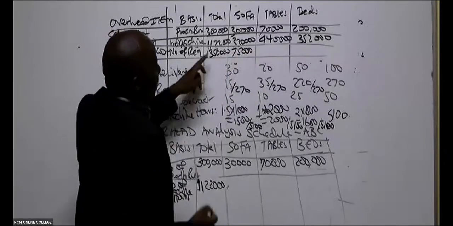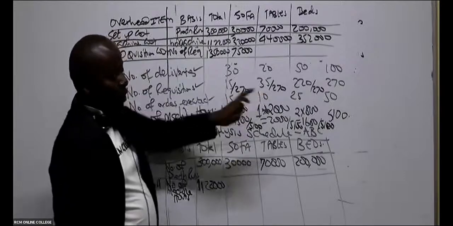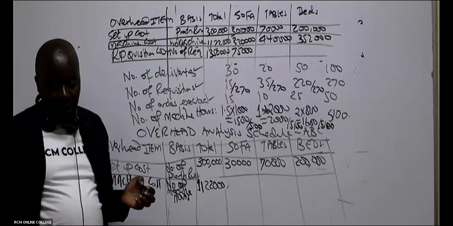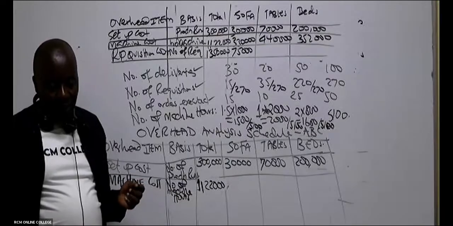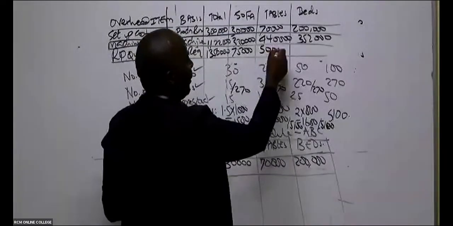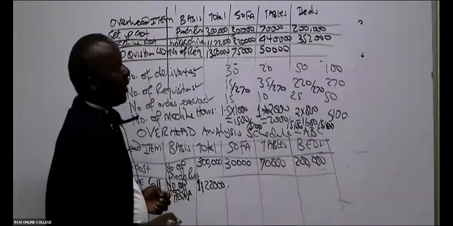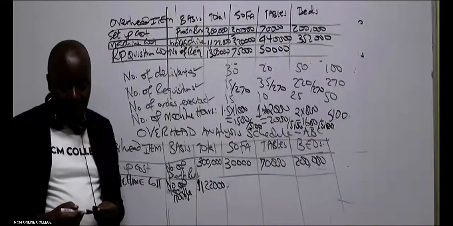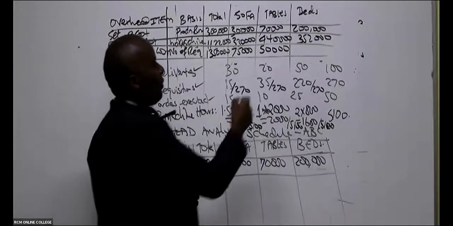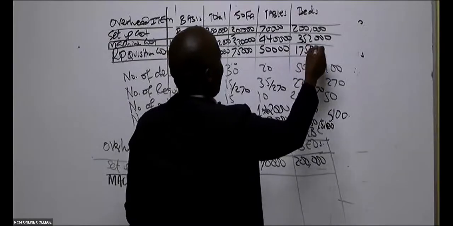And then the same number times this 35 over 270. Same number. 50,000. All right. And then the last one, beds, will be 175,000. Thank you so much.